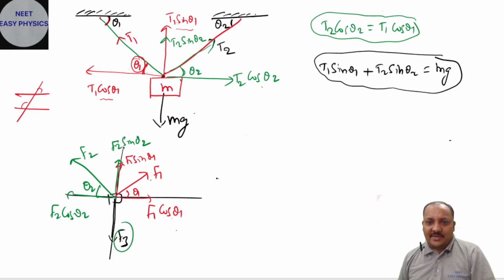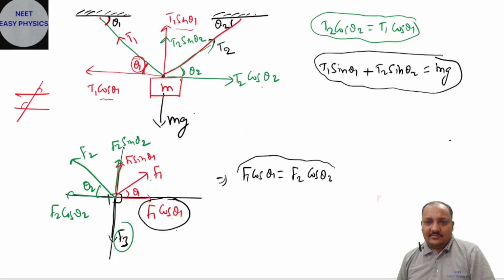Now, at equilibrium condition, downward forces, upward forces, rightward forces, leftward forces. Rightwards here, F1 cos theta 1 is equal to F2 cos theta 2. So we take this as equation number 1.